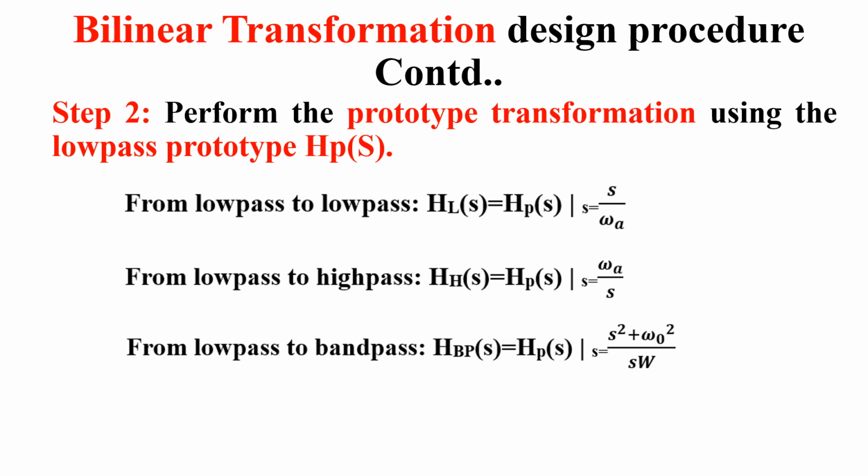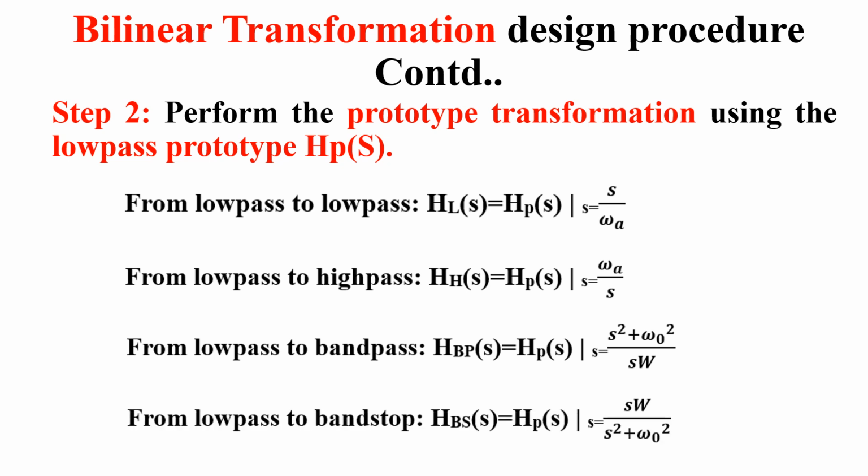I need to replace every S with S square plus omega naught square divided by S into W. Is that fine? If I want to design a band stop filter, then in the equation of the low pass prototype filter, I need to replace every S with S into W divided by S square plus omega naught square.